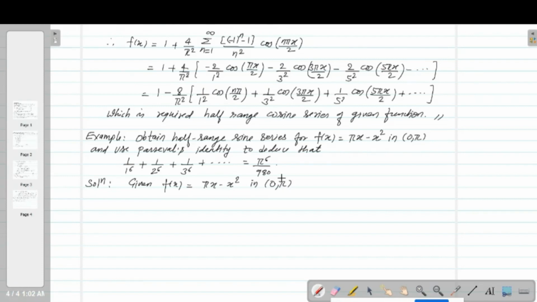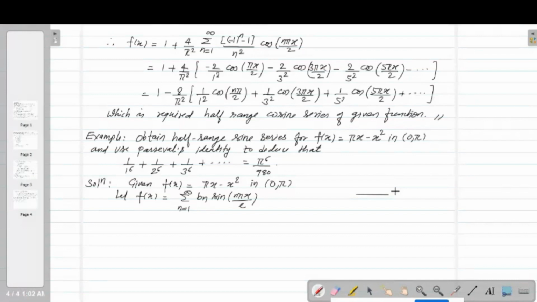Now we have to obtain the half range sine series. So let f of x equal to sum running from n equal to 1 to infinity bn sine n pi x by L.